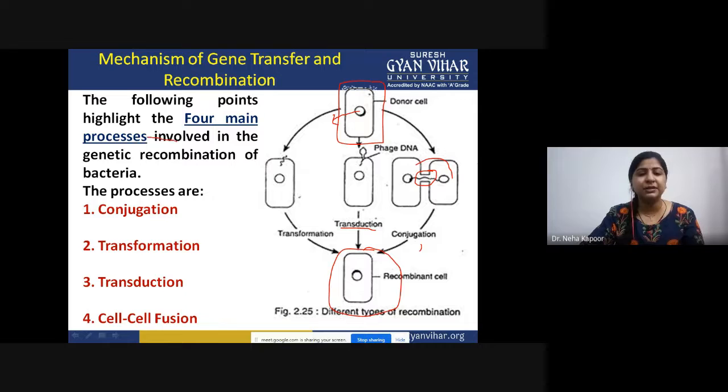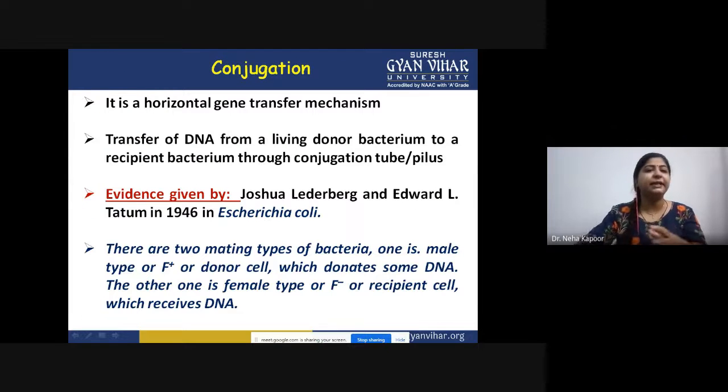As you can see in this slide also, this is the free naked DNA that is being attached onto the cell surface and taken inside, and the bacteria that we are getting is a recombinant cell. So discussing all these methods in detail, first is conjugation.